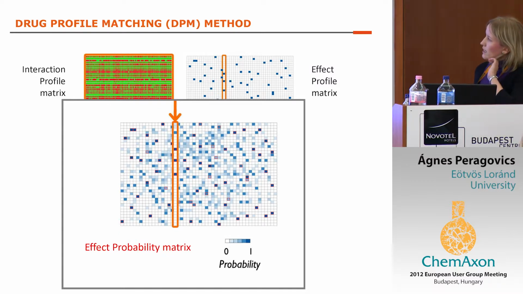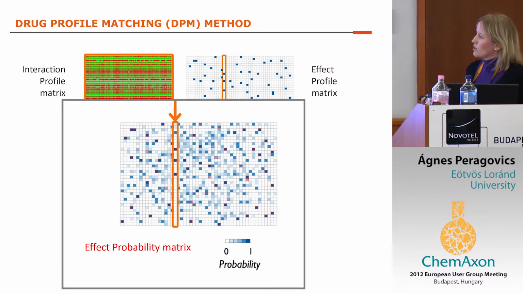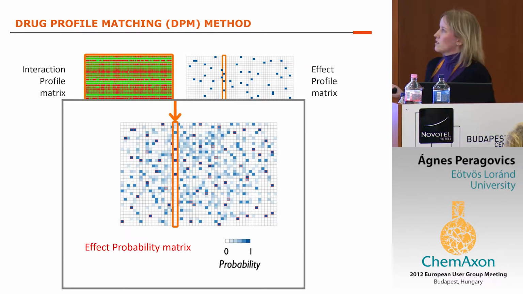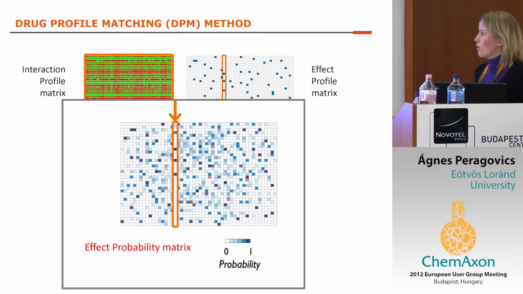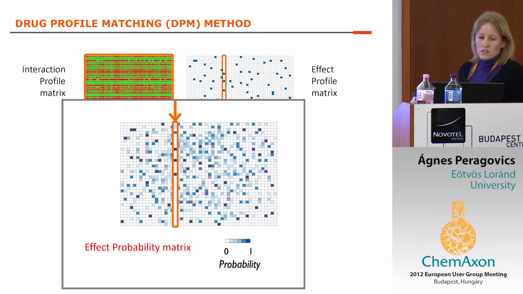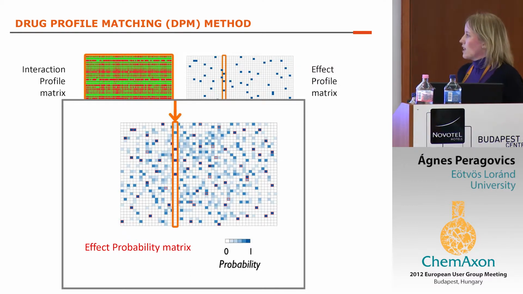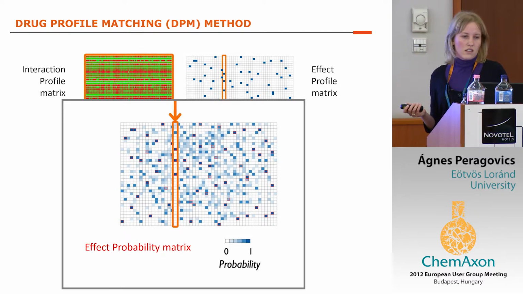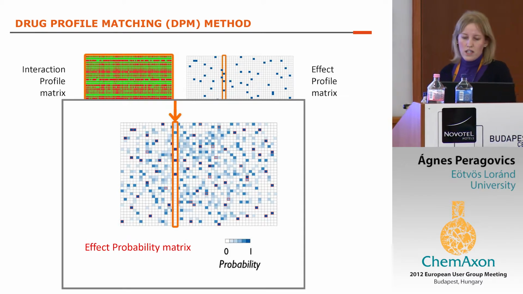Basically, this is some kind of recalculation of the effect profile matrix, including the external knowledge of interaction profiles. What we can do next is select an effect of interest, and we can sort the molecules by decreasing probability values.